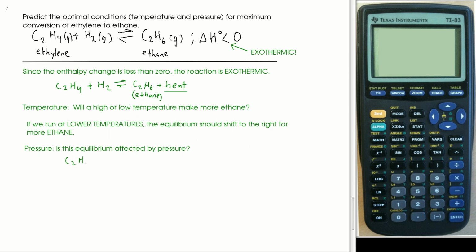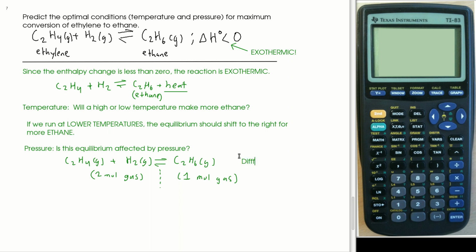If we look here, C2H4 gas, that's 1 mole of gas on the left, H2 gas, that's 1 mole on the left, so 2 moles of gas over here, and that's going to go to C2H6, or ethane, which on the right hand side means we only have 1 mole of gas. So this is a reaction where the number of moles of gas is different on each side, therefore it will be affected by pressure.